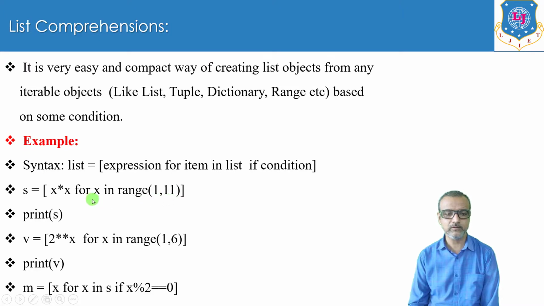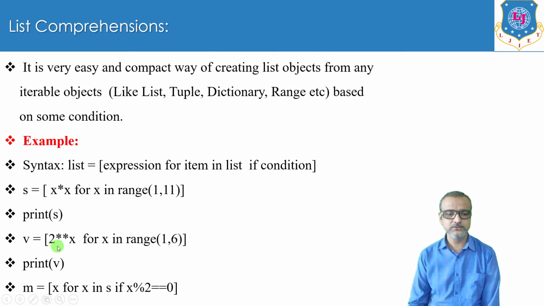So the possible values of x will be from 1 to 10. And x into x, what will be the output? It will just give us the square of all the values from 1 to 10, that is 1 square is 1, 2 square is 4, 3 square is 9, till 10 square is 100. So print s will give us the square of the numbers from 1 to 10.